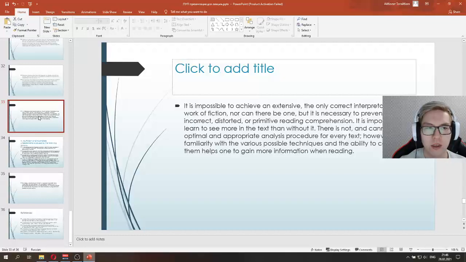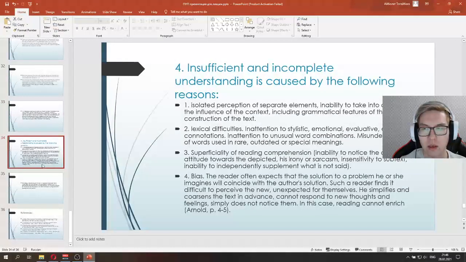There is not and cannot be an optimal and appropriate analysis procedure for every text. However, familiarity with the various possible techniques and the ability to combine them helps one to gain more information when reading. And the last section: insufficient and incomplete understanding is caused by the following reasons.